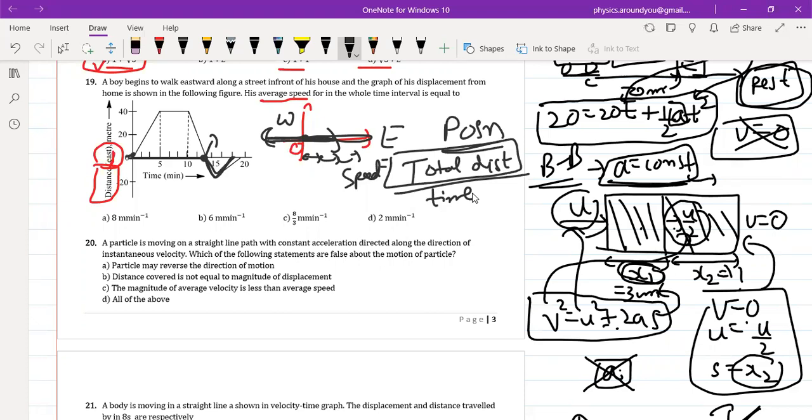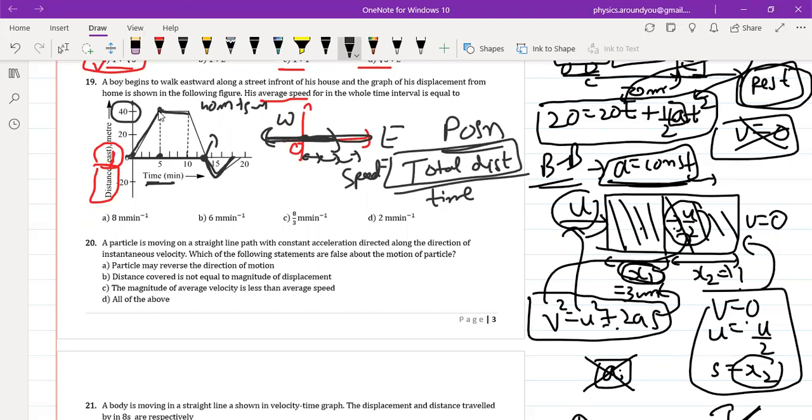Now, what is the total distance traveled by the person over here? You can break the graph like this. Cool. So at the end of 5 minutes, the person is at 40 meters east. So he traveled 40 meters in 5 minutes.